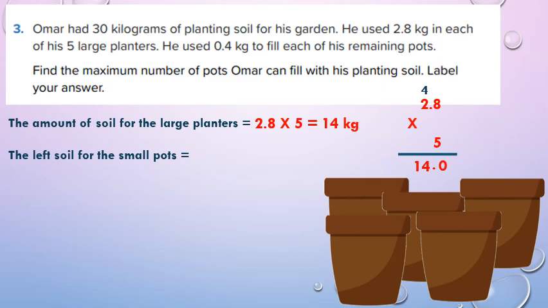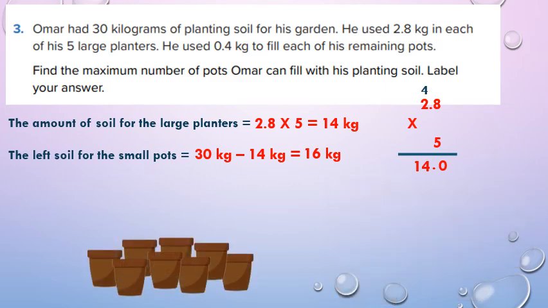The soil left for the small pots: 30 kilograms, the total that he has, minus the 14 he used for the large planters equals 16 kilograms. So the maximum number of pots is 16 kilograms divided by 4 tenths kilogram.